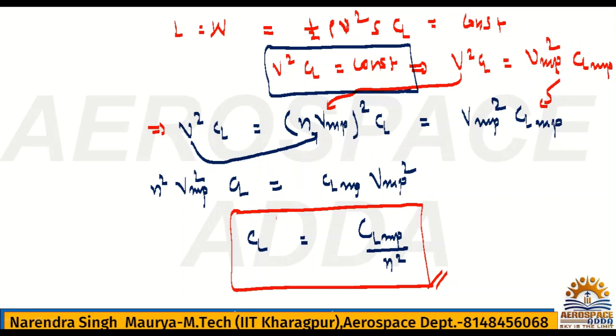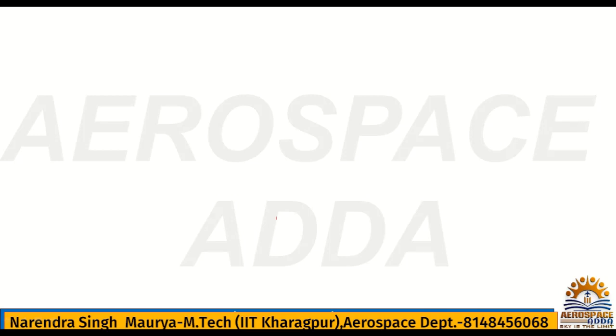Okay, now CL you have calculated. Similarly you can calculate CD also. What is the drag polar? It is nothing but CD is equal to CD naught plus KCL square.